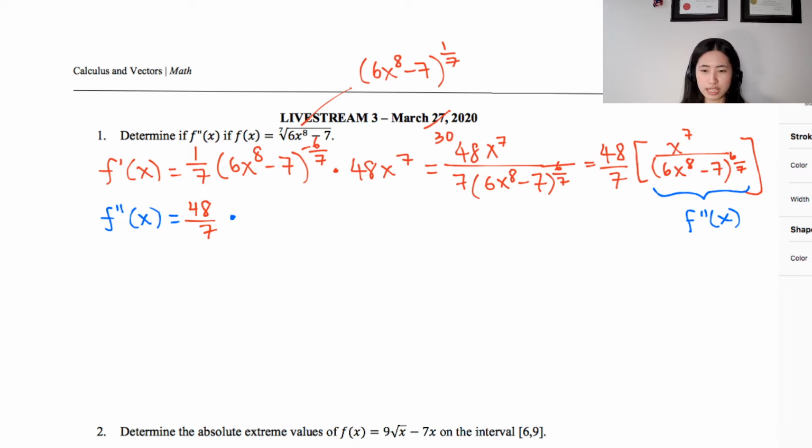So you need to apply the quotient rule. The quotient rule simply implies that you take your numerator, which is x raised to the power of 7, and you take the derivative of that, and multiply that by just the denominator, which is 6x raised to the power of 8 minus 7 raised to the power of 6 over 7, and then you subtract.